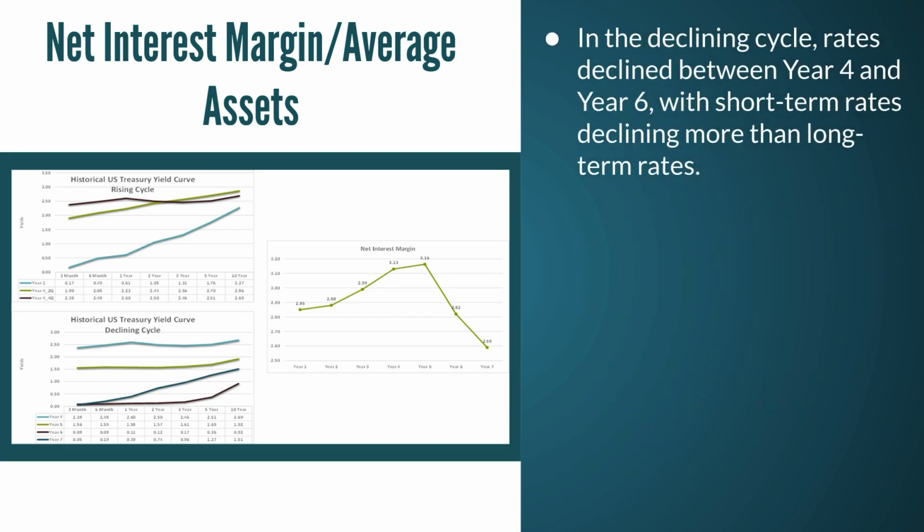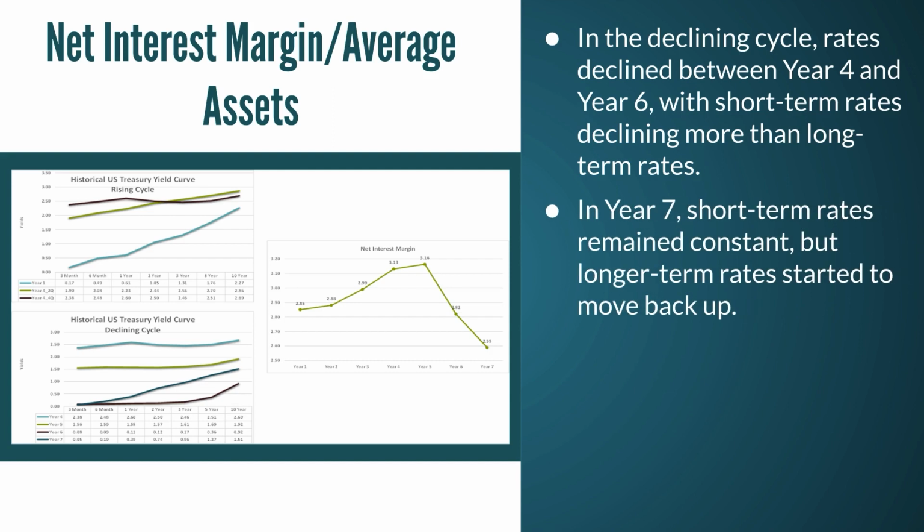In the declining cycle, rates declined between year 4 and year 6, with short-term rates declining more than long-term rates. In year 7, short-term rates remained constant, but longer-term rates started to move back up. As market rates declined, the net interest margin also declined.